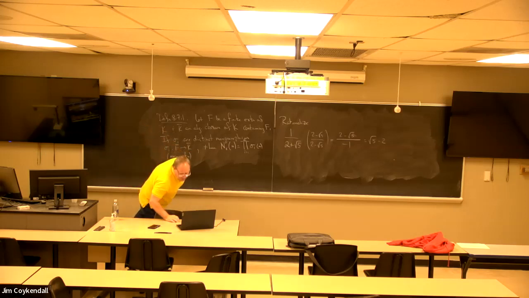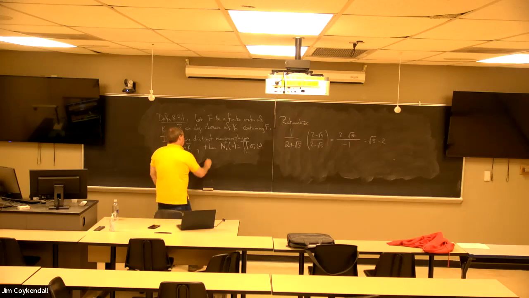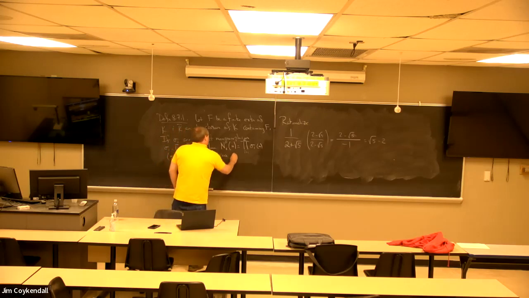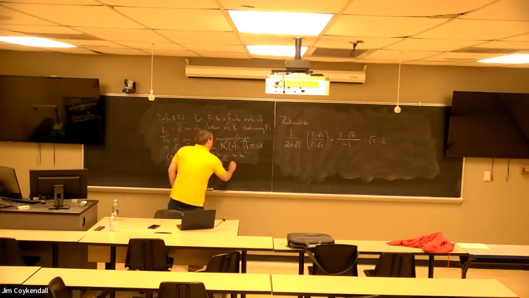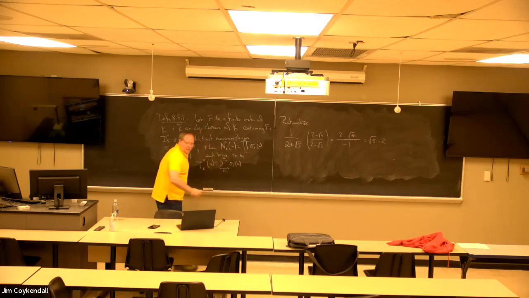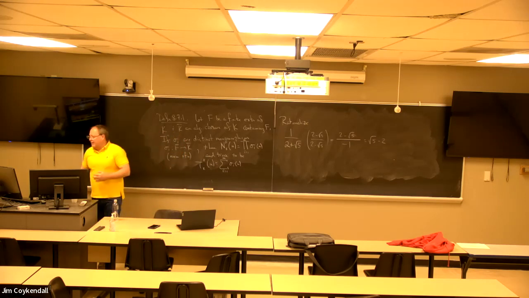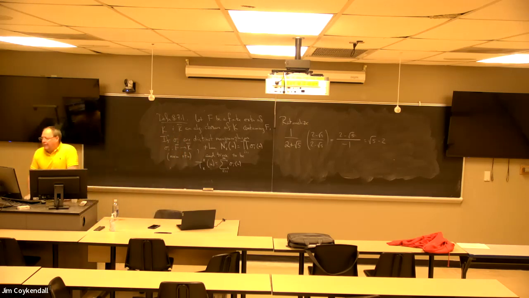And the trace to be the sum, sum i equals 1 to m of sigma i of u. So this is what we call the norm and the trace, and we'll talk about this in detail next time. Any questions?